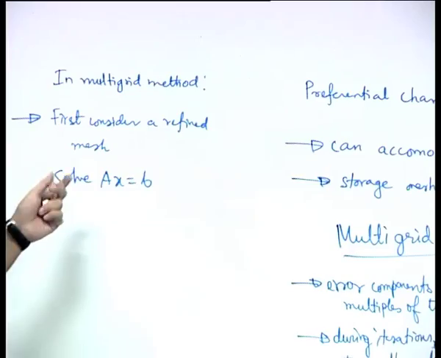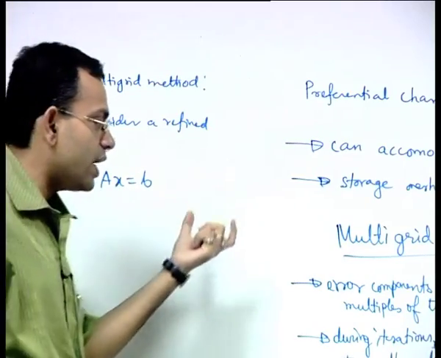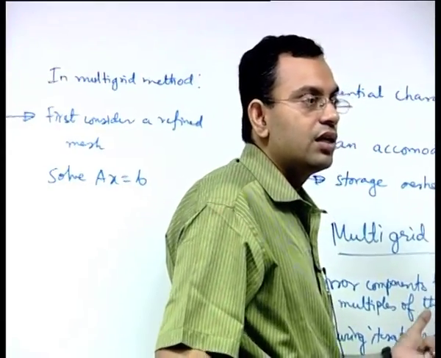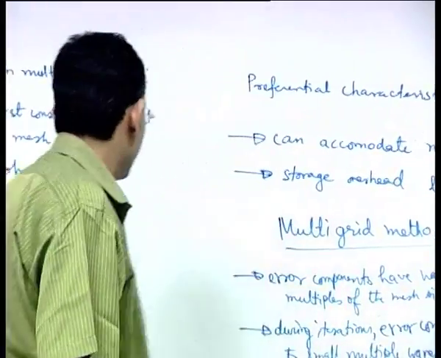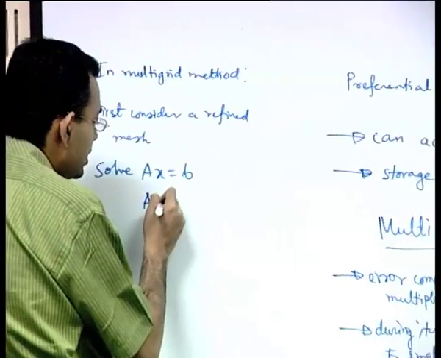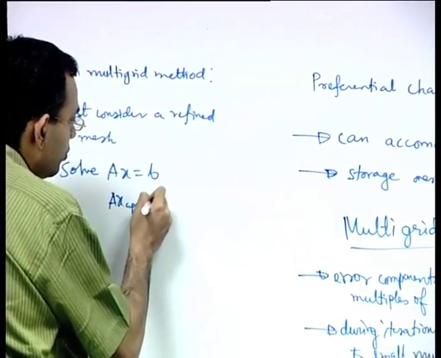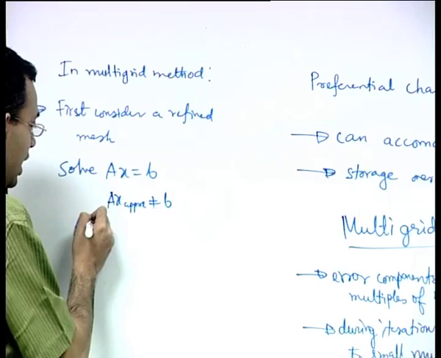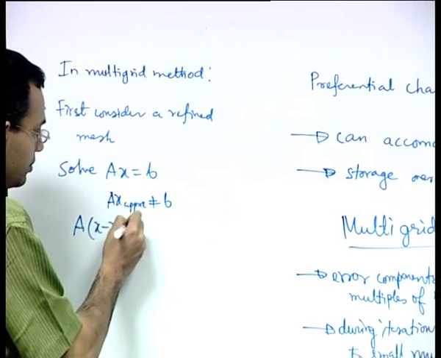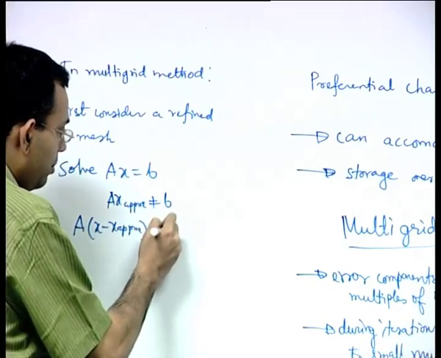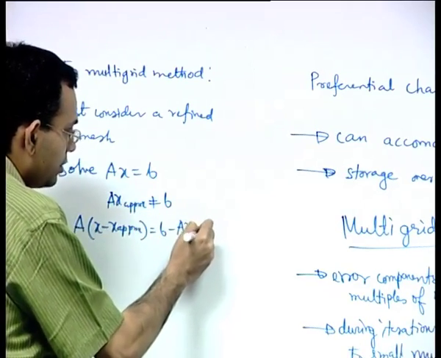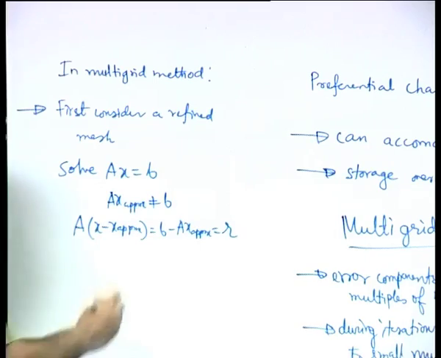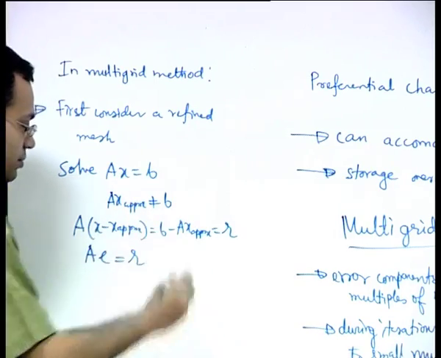You have to keep in mind that because of the non-absorption of the large multiple wavelengths, errors will remain. So what you get is x approximate, which does not satisfy Ax equal to b. So A(x minus x approximate) will be equal to b minus A x approximate, equal to r, which is the residue, that is Ae equal to r.